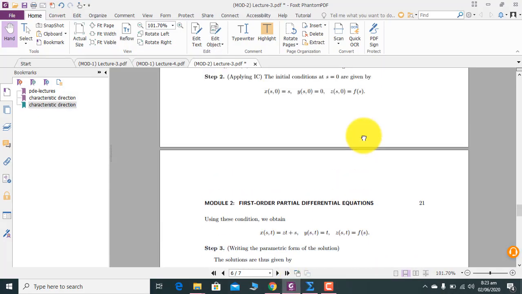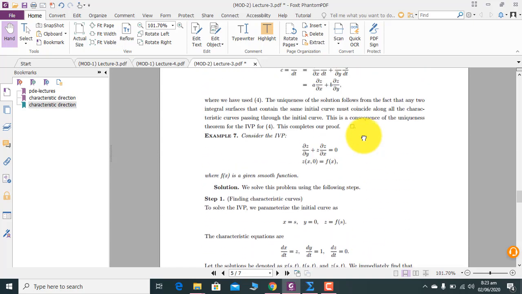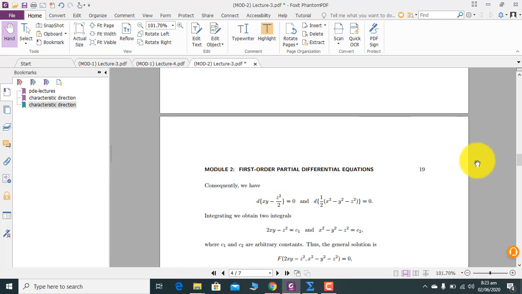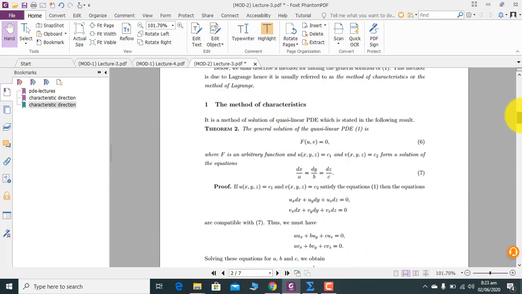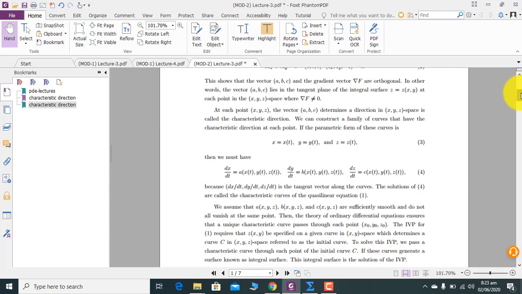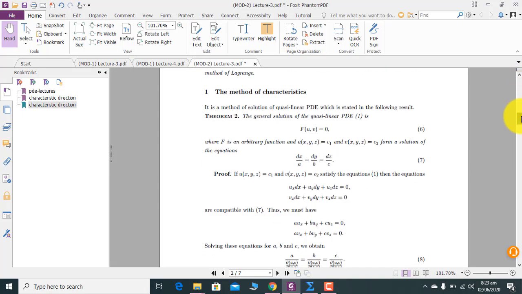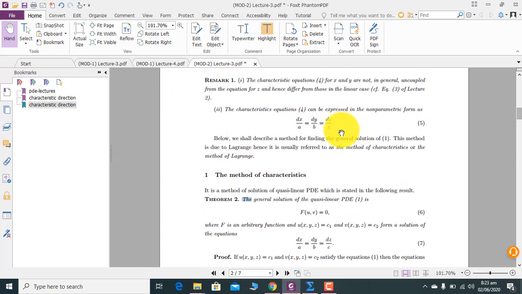So yesterday we had studied quasi-linear first order partial differential equations, and if you remember we discussed how these type of equations can be solved using a methodology which was based on that theorem, that we have to find some two functions u and v from the equivalent system of ordinary differential equations, which is equation 5.